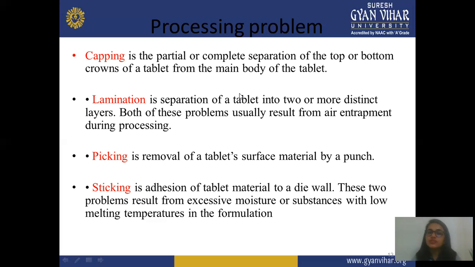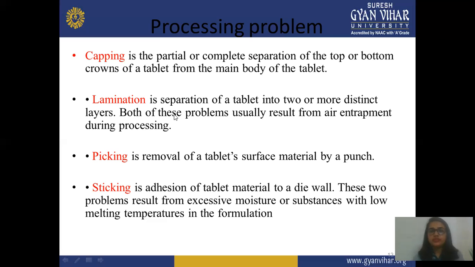Next is lamination. Lamination is separation of the tablet into two or more distinct layers, and both of these problems usually result from air entrapment during processing. In lamination, there will be chances that not only two, but more than two distinct layers separate out.